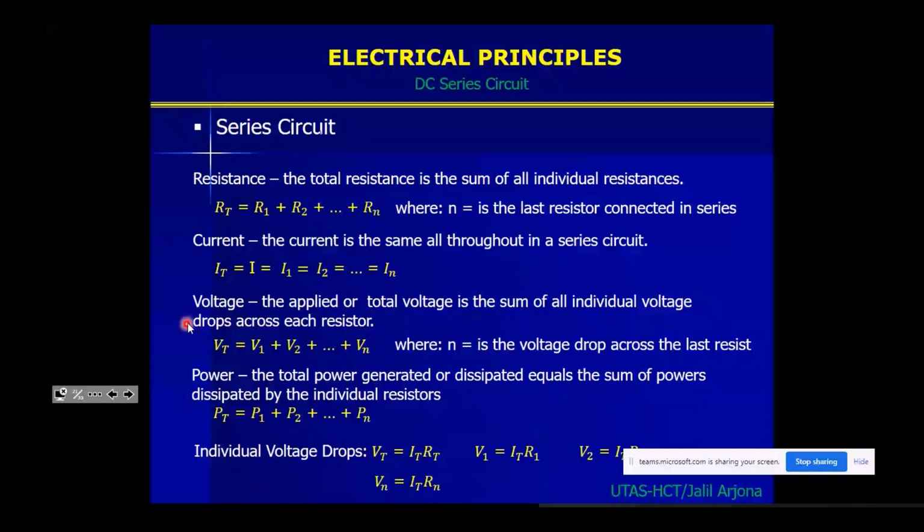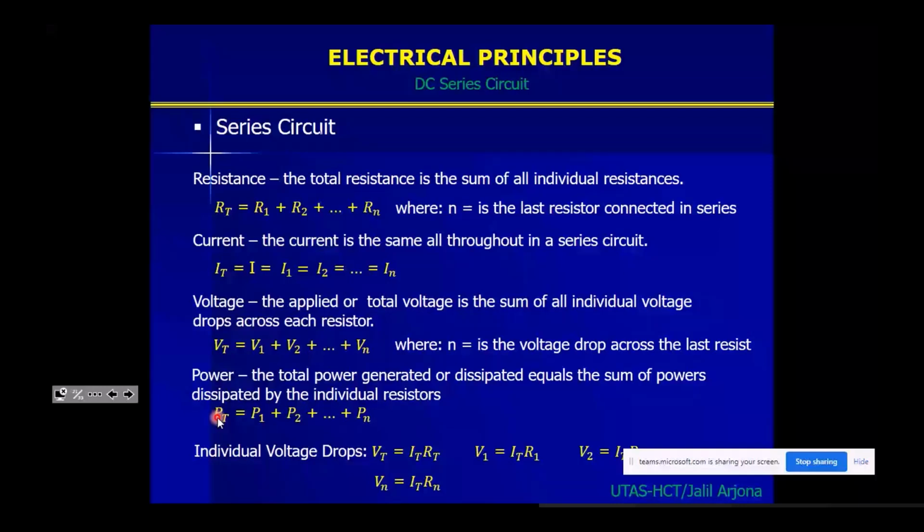For the voltage, since the voltage is applied to the series circuit, individual voltage drops happen across every resistor, so you have to add all of them. That's the rule. And for the power, when you supply a battery to a circuit, it generates power, and the resistors consume power.